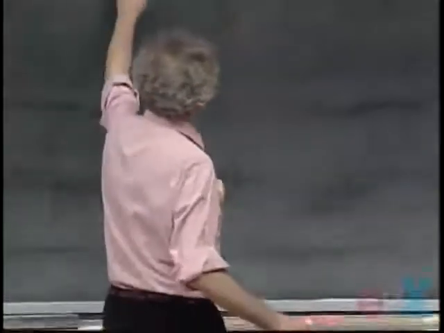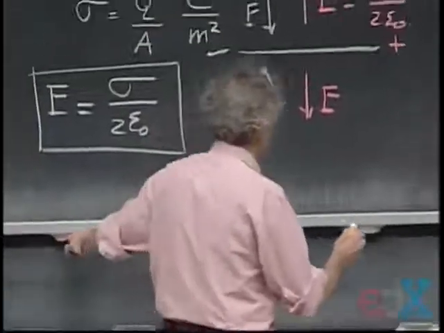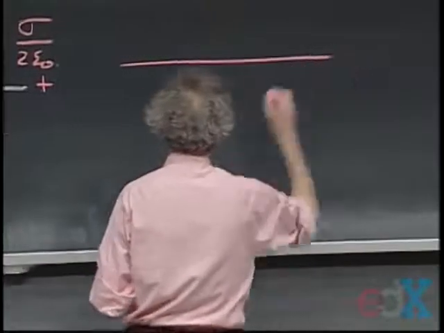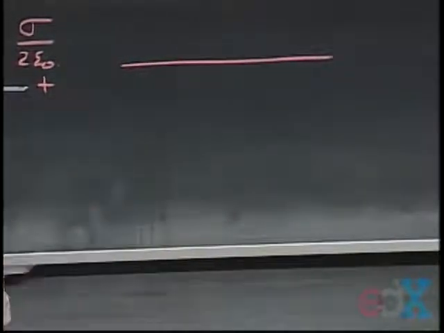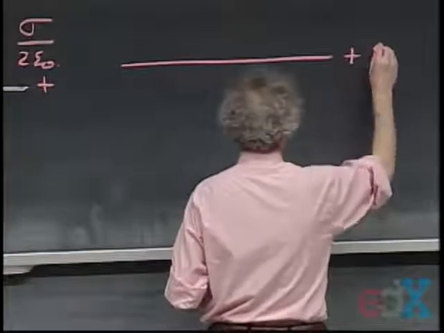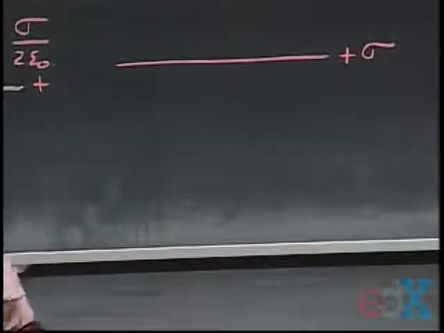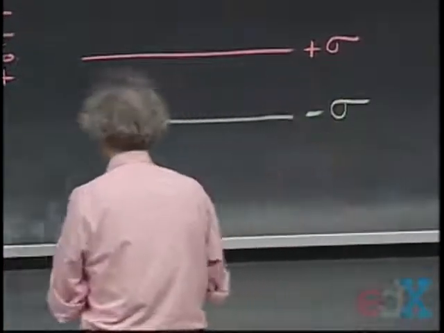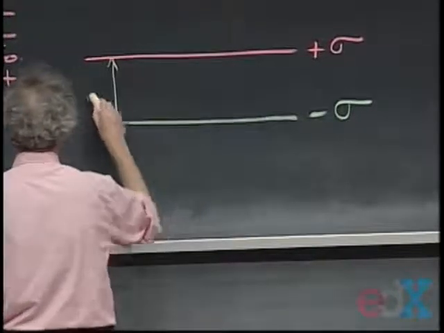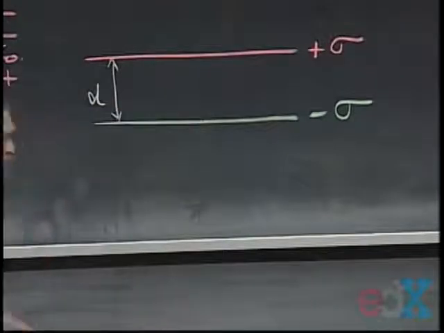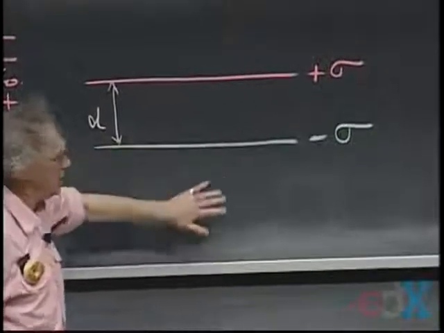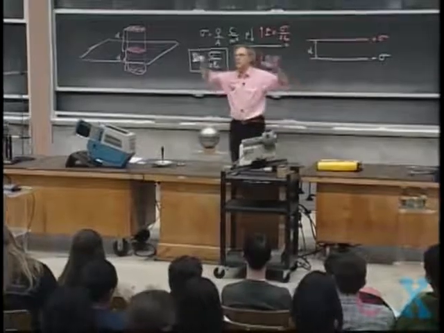Suppose I have here a plate, very large, nothing is infinitely large, of course, and it has a surface charge density plus sigma, and I have here a plate which has surface charge density minus sigma, and the separation between these two plates happens to be d. And the question now is, what is the electric field anywhere in space? Here, here, and here. And we'll think of them as being infinitely large, each plate.